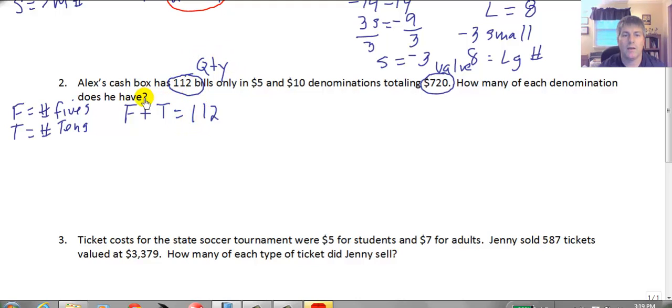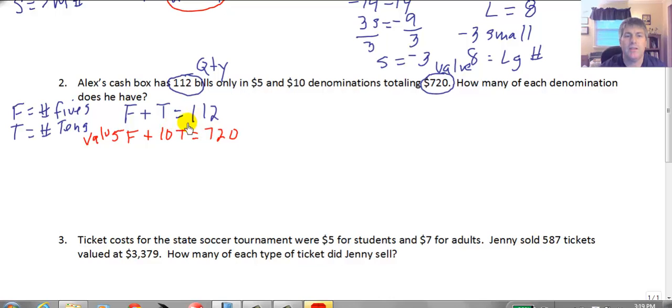That's our quantity equation here. And then the value, well, we know every $5 bill is worth, well, $5. So $5 times every five plus $10 times every ten equals $720. So we have our value equation right there.